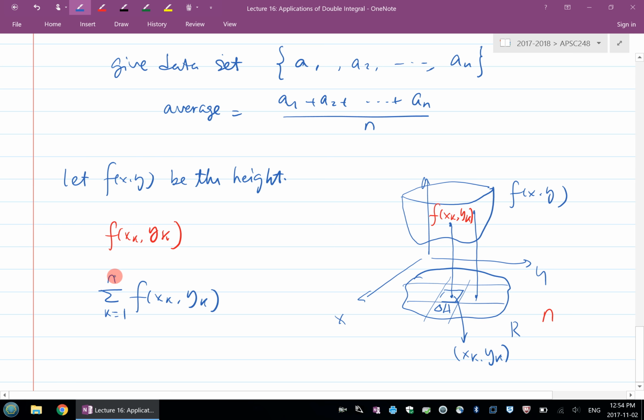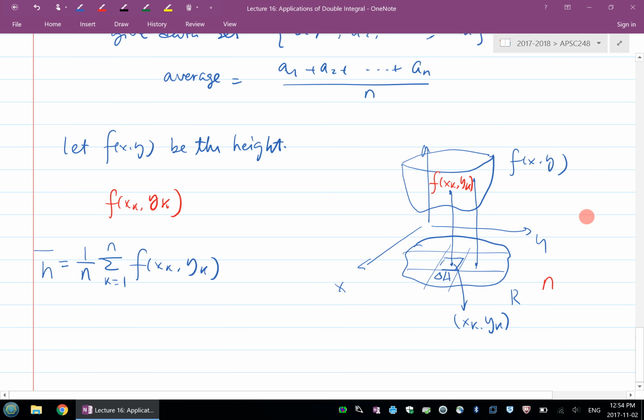This is a limited number, right? So add these n heights up, then divide by the total number n. That's going to give me basically an average height quantity. That makes sense, right?